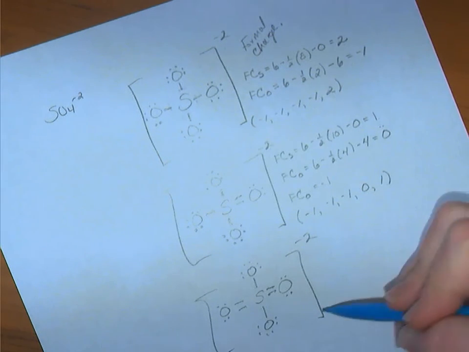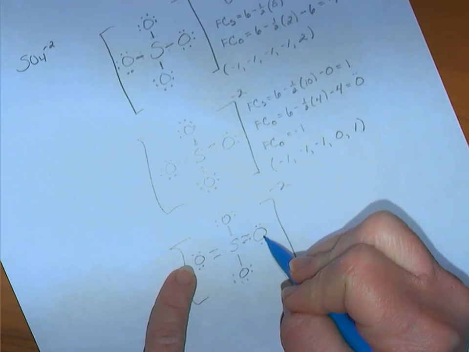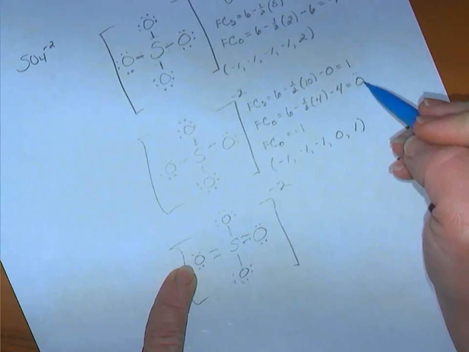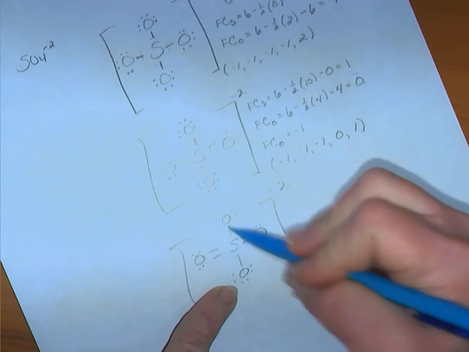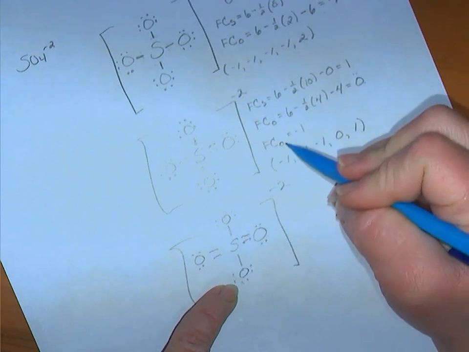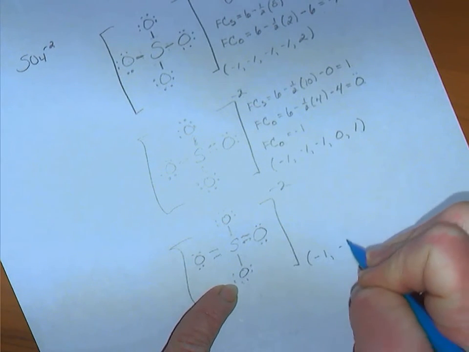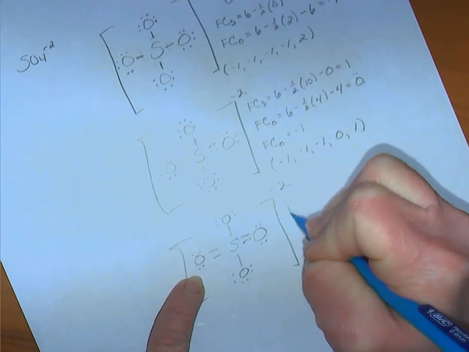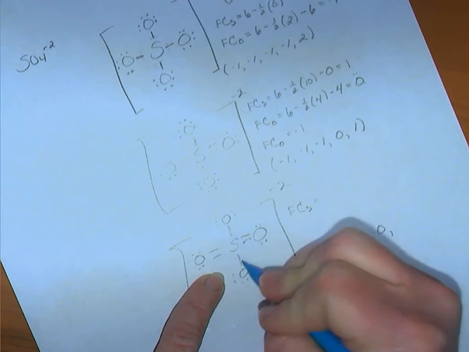So let's go to this structure. All right, I have 2 double bonded oxygen. So that will be the same as I calculated here. I have 2 single bonded. That will be the same as I calculated in the very first structure. So I'll go ahead and put my -1, -1, and then I have 2 zeros. Okay, let's see what the formal charge on this double bonded, single sulfur is.